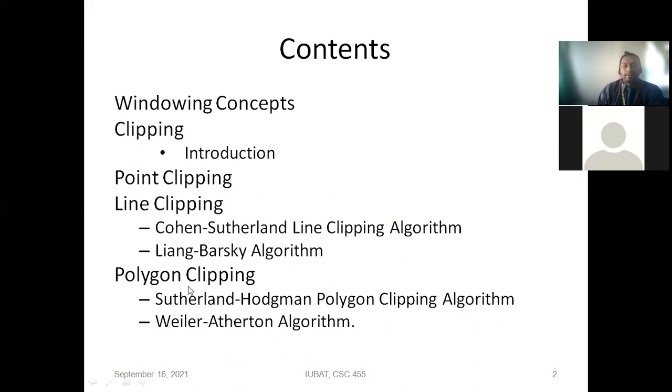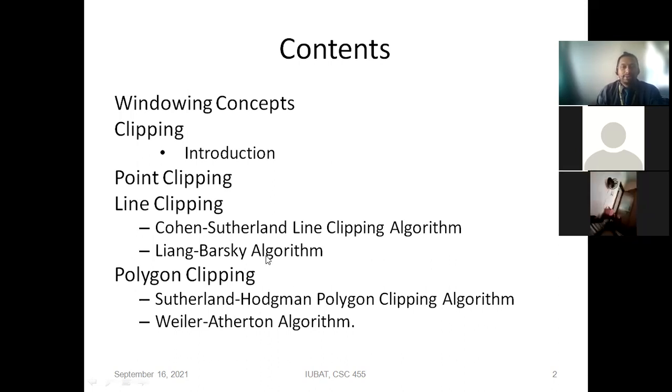Now we are going to discuss line clipping with Cohen-Sutherland, and for polygon, the Weiler-Atherton algorithm. For the technique, we have the documents there, and I'll try to discuss how they work.